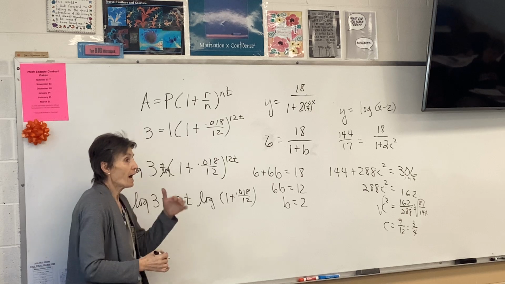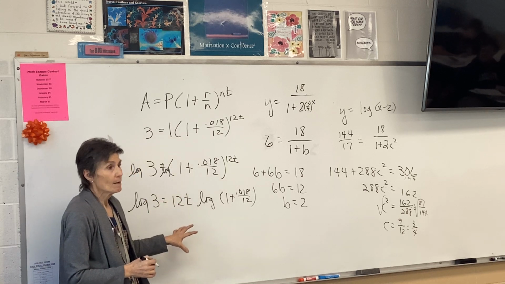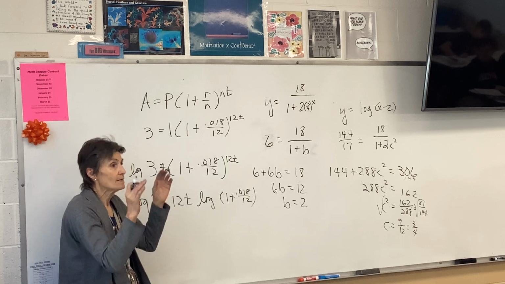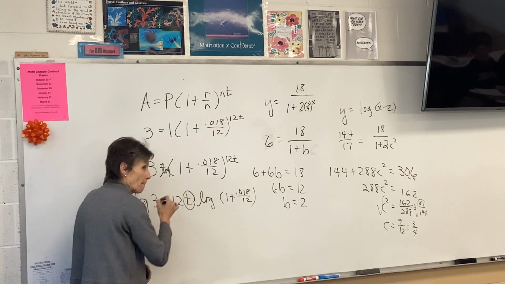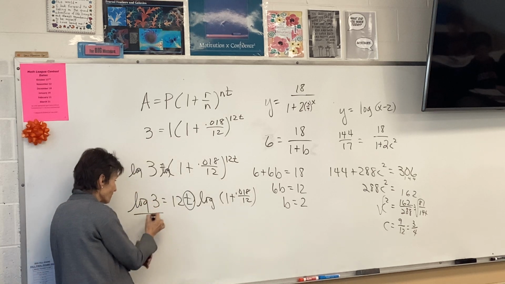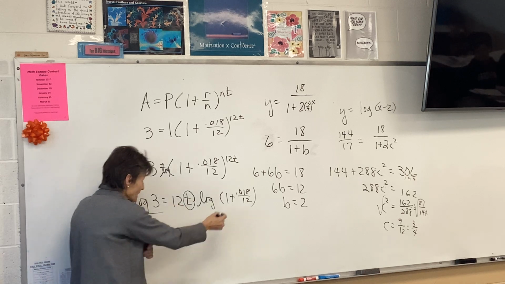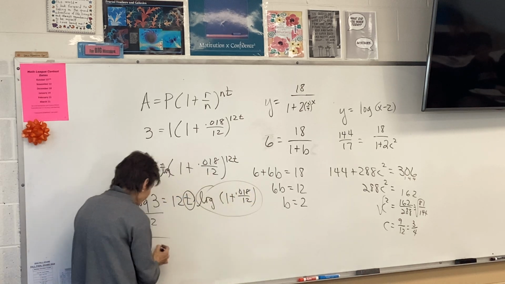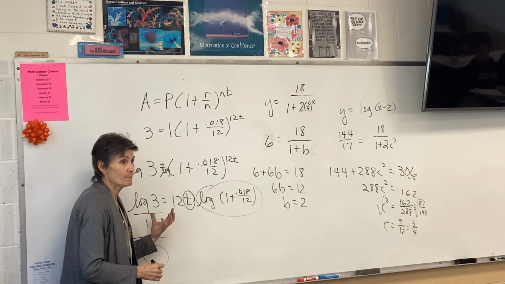I understand that looks terrible, but it is so easy. Stop and think. This is what we're solving for. Don't we need to take this number and divide it by 12 and divide it by that? Yes.